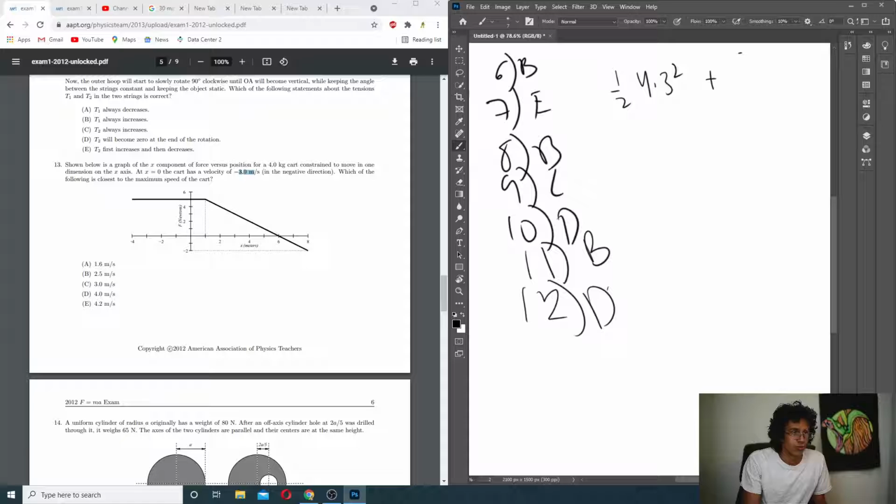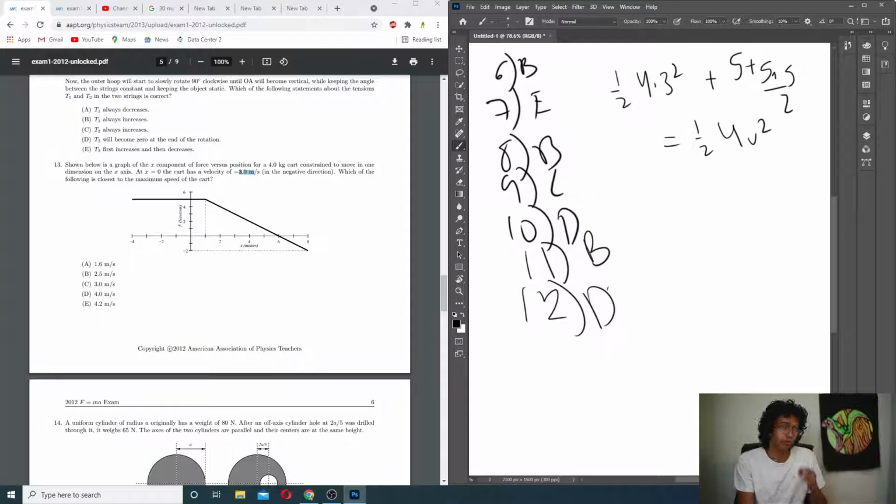So 5 plus the area of the triangle, which is 5 times 5 over 2. And that should equal our final kinetic energy, which is 1/2 times 4 times v squared. So now we just have to solve this. Okay, so the right side would be 35 over 2, right?